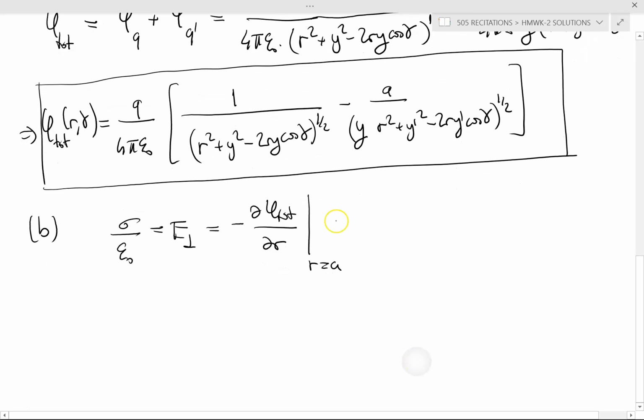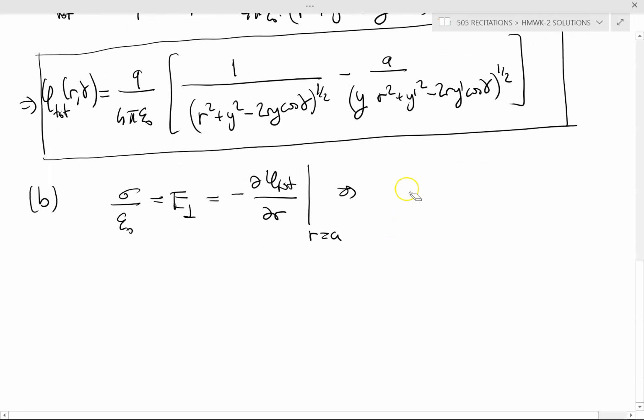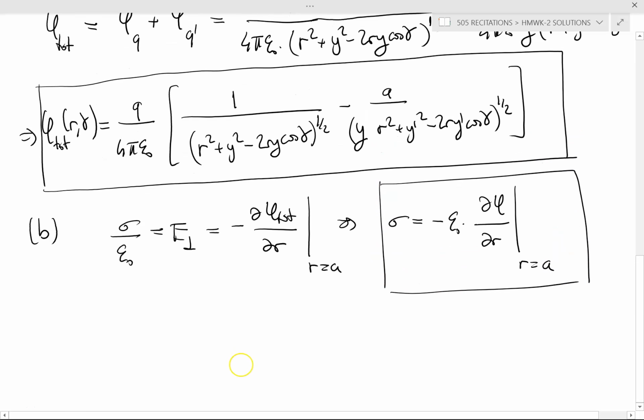So this is the definition, which means that I can calculate the electric field by surface charge density, sigma equals minus E0 delta phi divided by delta R, where we evaluate R at A. Okay, so I need to take the derivative of this.